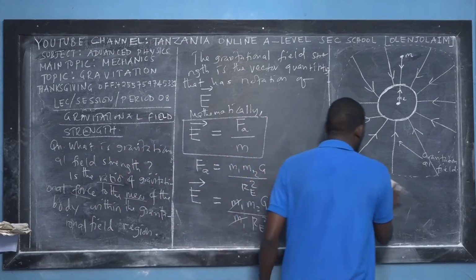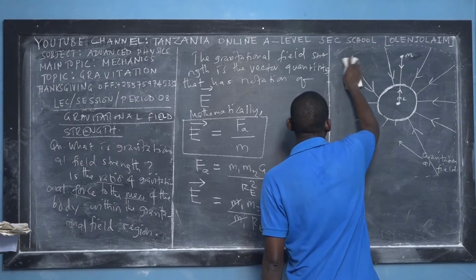So that's the formula for gravitational field strength.